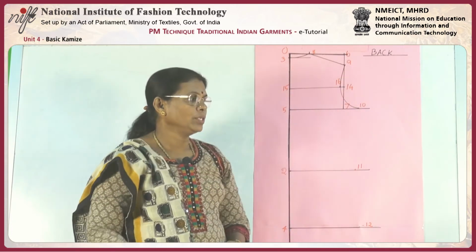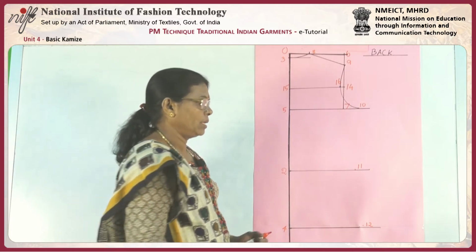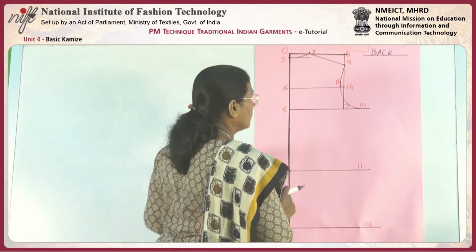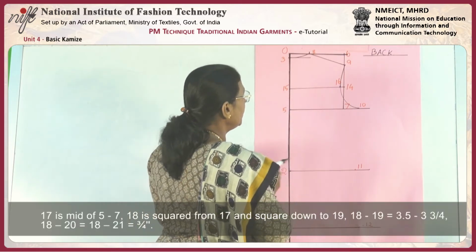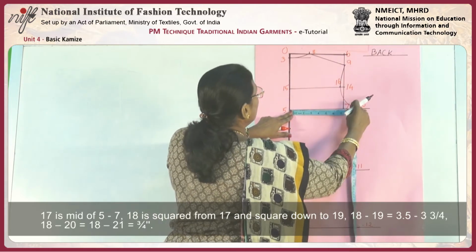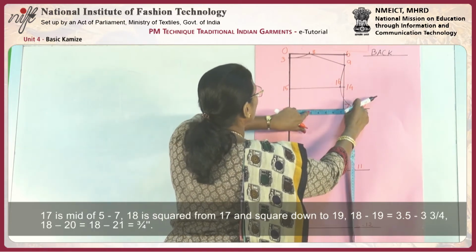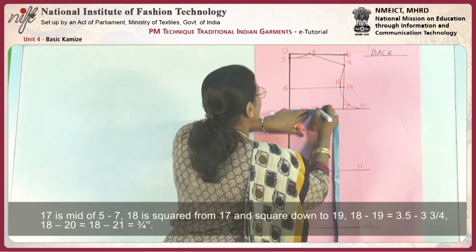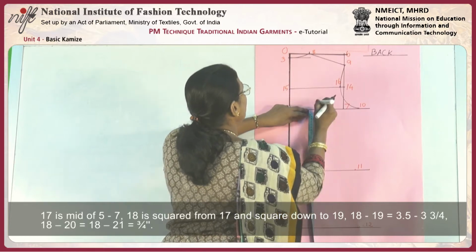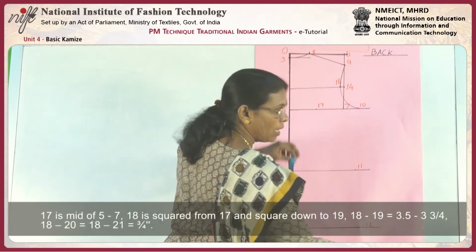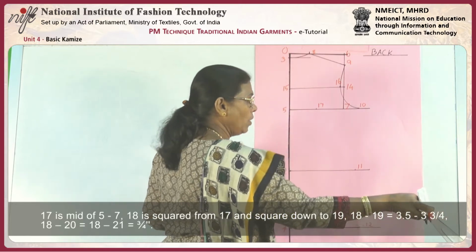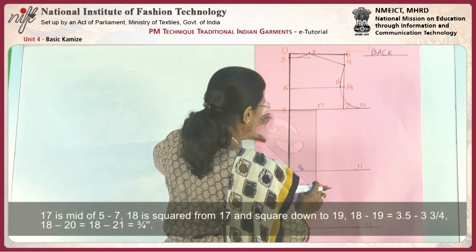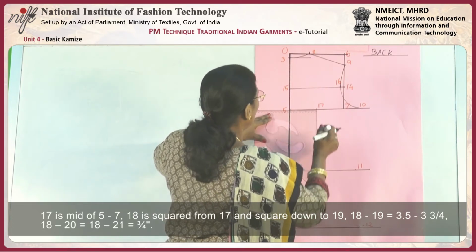Now we are going to draw the dart for the back. 17 is the mid of 5 to 7. Mid is 3 5/8, that is 17, and square down from 17 towards down.